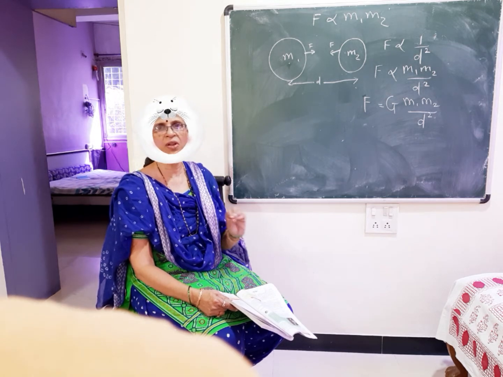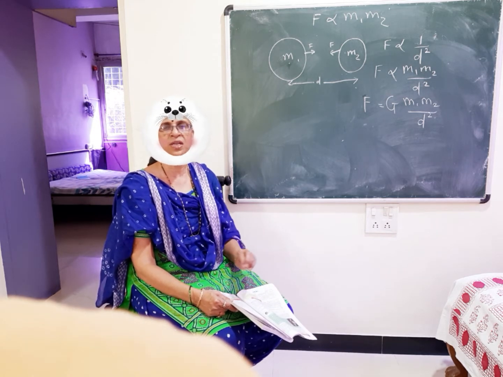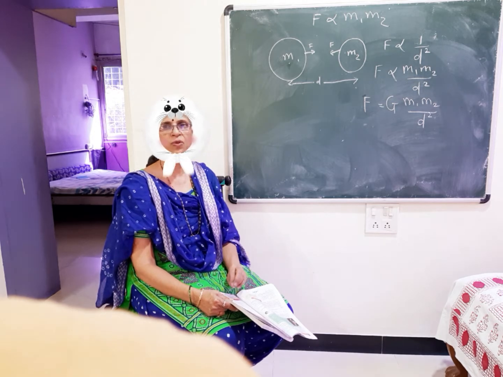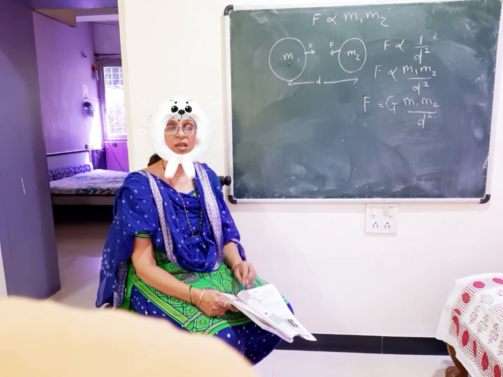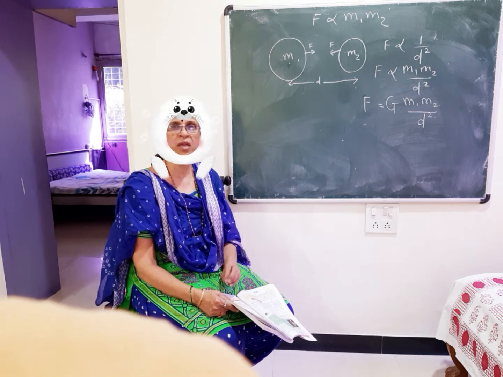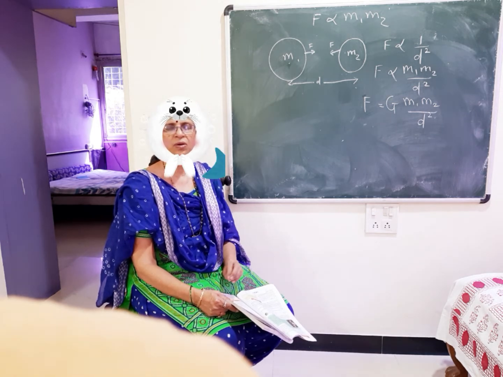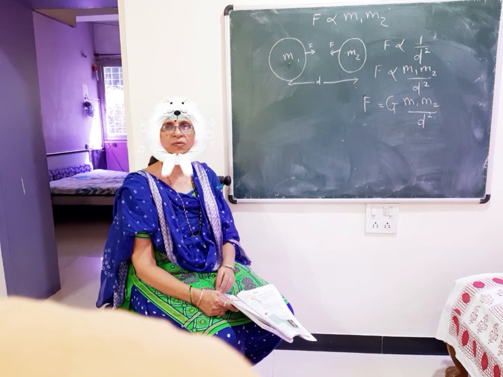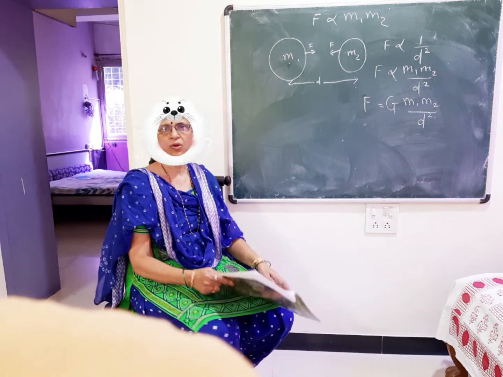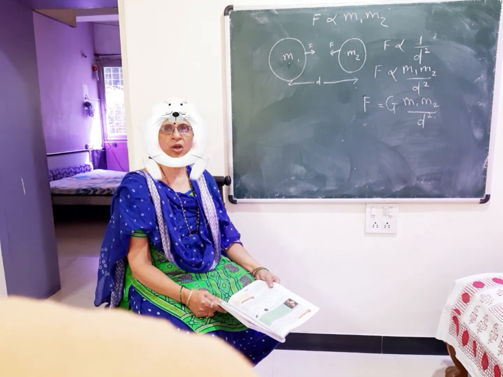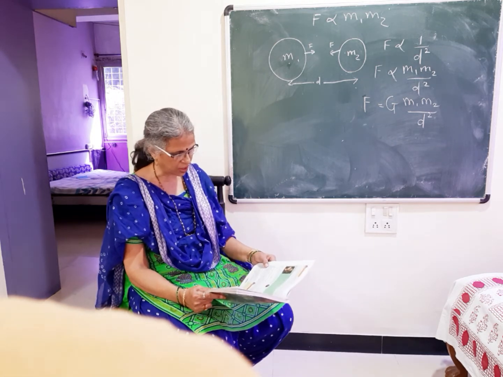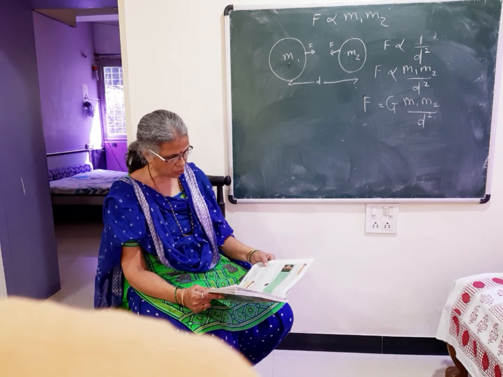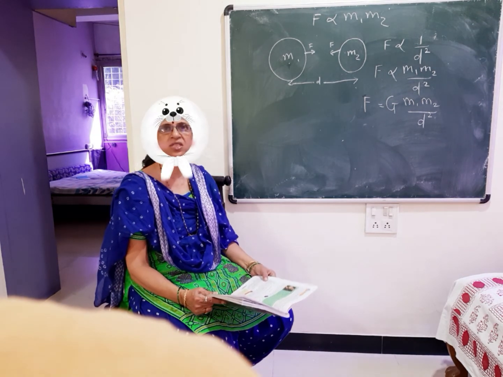So once again I will repeat, whenever the objects are spherical, the direction of the force acting is along the line joining their centers, and if the objects are not spherical, they are irregular, then the direction of force acting will be along the line joining their centers of mass. So here two different words they have given in your book. One is centers of mass and second is joining their centers.